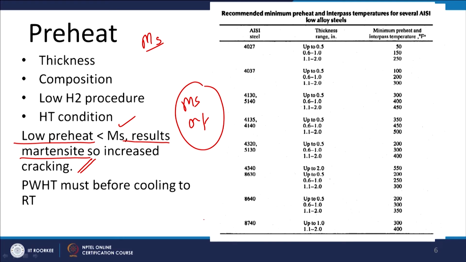So, in this case, before the steel weld joint is cooled down to the room temperature, post weld heat treatment, especially for stress relieving, is given, so that the cracking tendency can be eliminated. Now, we will see the different aspects related with the kind of preheat temperatures to be used.